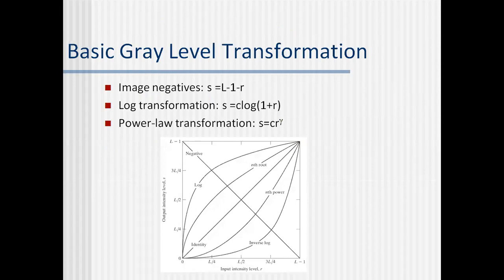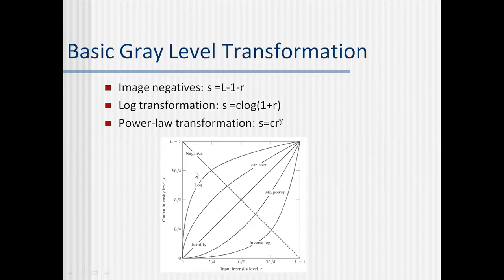Now I'm going to the second one, logarithmic transformation. This is the logarithmic transformation and this is the inverse logarithmic transformation. Only see this curve and this curve. That means just greater than the identity level, and just less than the identity level.